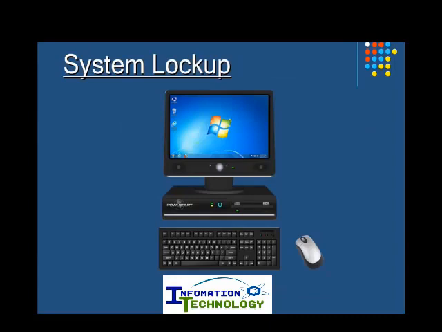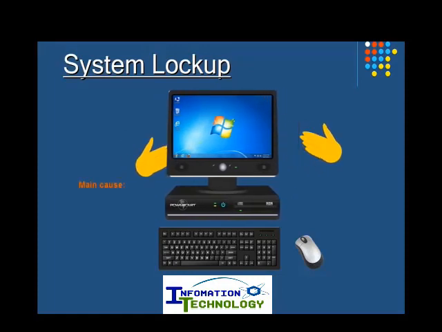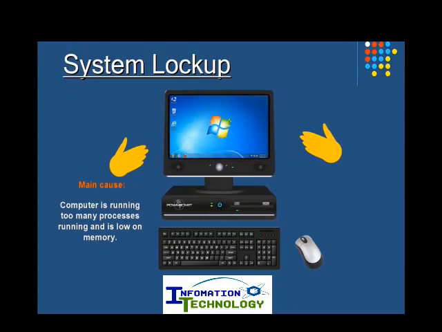Sometimes when you're using the computer, it may totally freeze on you. The computer remains on, but you can't move the mouse cursor, and the keyboard is rendered useless. And this is known as system lockup. System lockups can happen for several different reasons. The main reason is that the computer has too many processes running and is running low on memory.